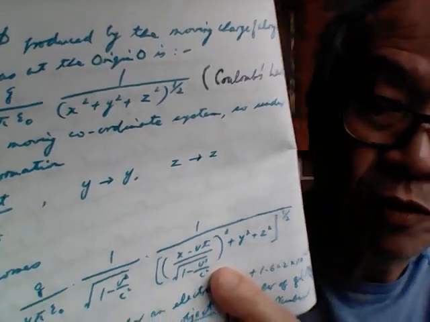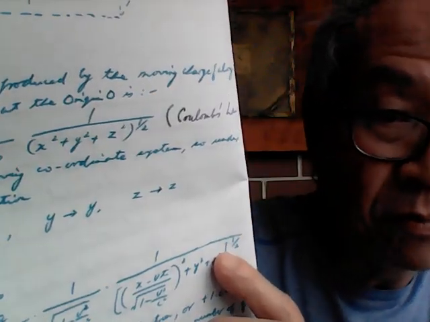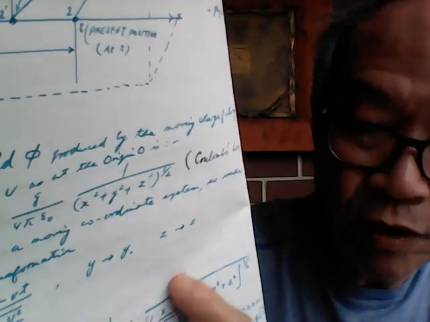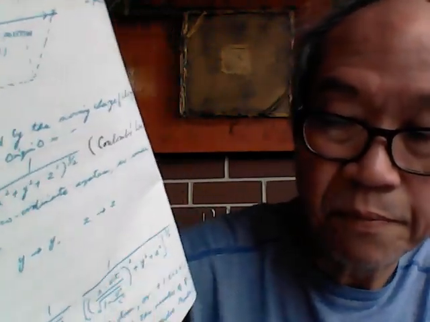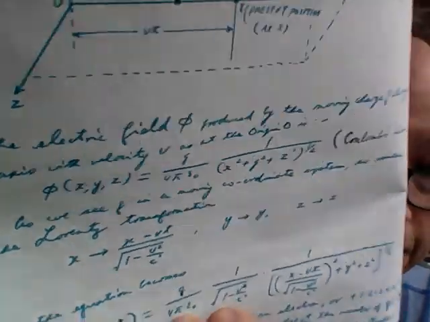That's the square root over all this sum. That means whenever the charge moves, you will thereby generate a field. The field will become this way.